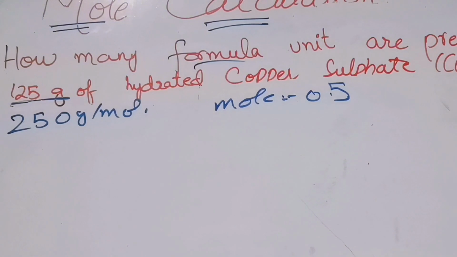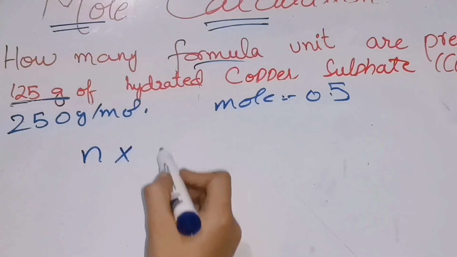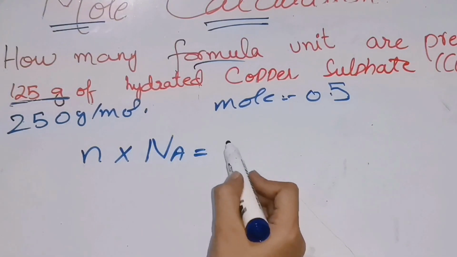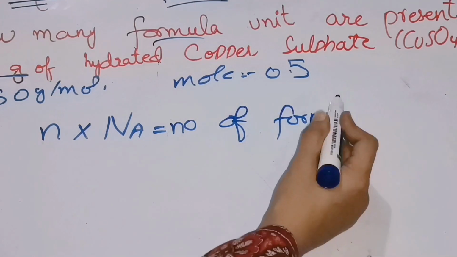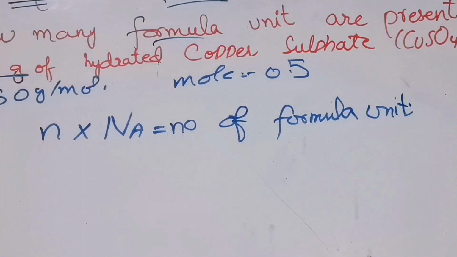Now the rearranged formula that we did was number of moles multiplied by Avogadro number, which is equal to number of formula unit. Right?